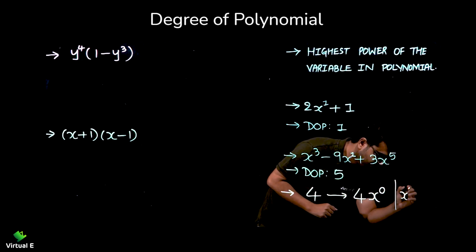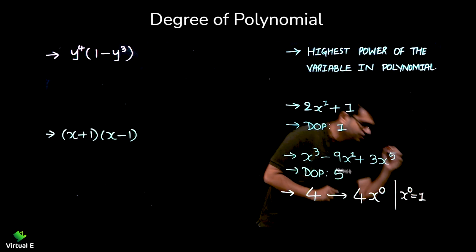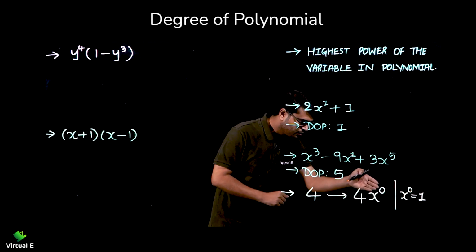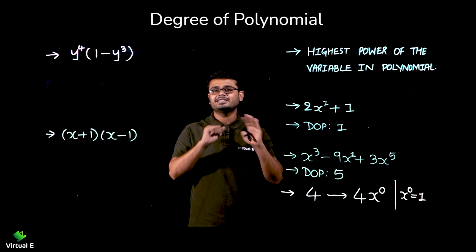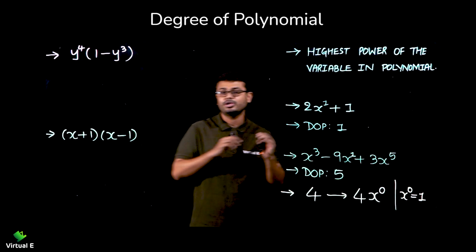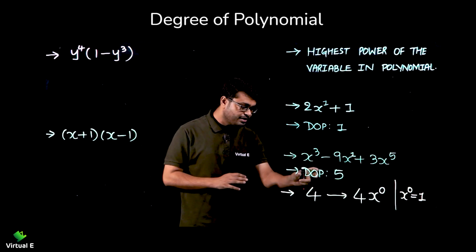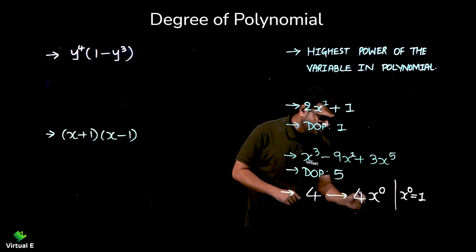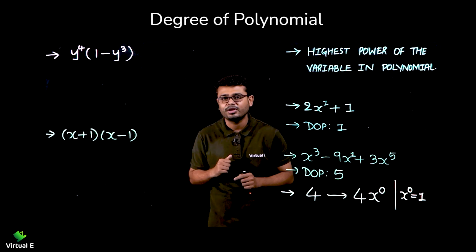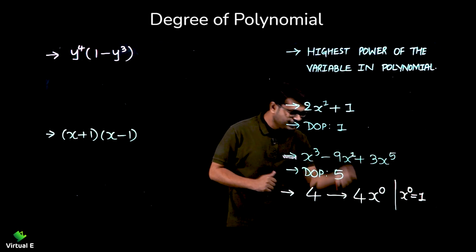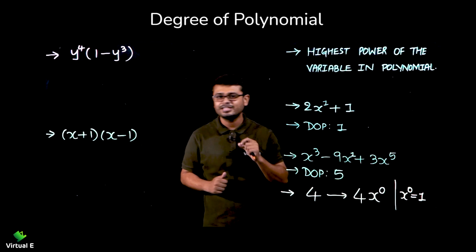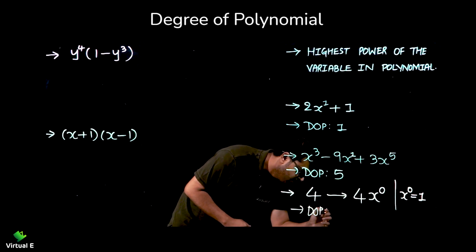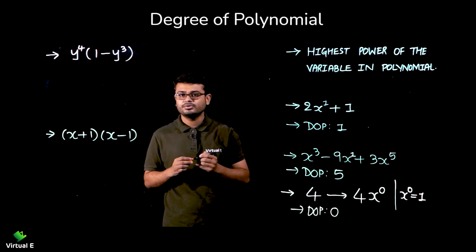So this property we know very well, x raised to 0 is equal to 1. So whether I write this x raised to 0 or not, it doesn't make any difference. It is not changing the polynomial, right? The polynomial remains the same. So if you see now 4x raised to 0, what will be the degree of polynomial? What is the highest power in this polynomial? That is 0. So in this case, DOP is what? 0. Very simple to do, right?